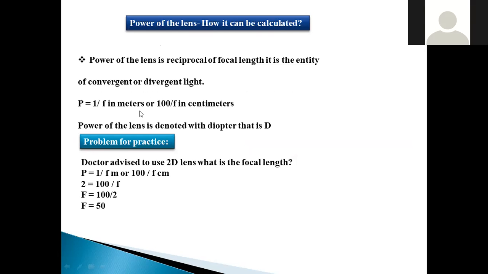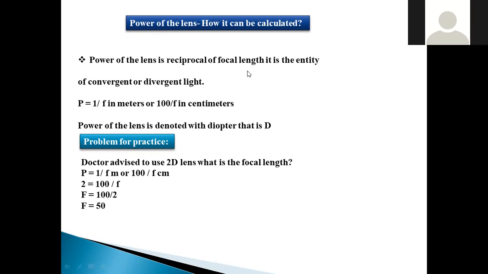All individuals may not have the exact same kind of vision defect. Based on their vision defect, the power of the lens will depend. So by adjusting that focal distance artificially, it is possible to correct human vision defects, and objects can be clearly visible. Now let us see what is meant by power and how it can be calculated.